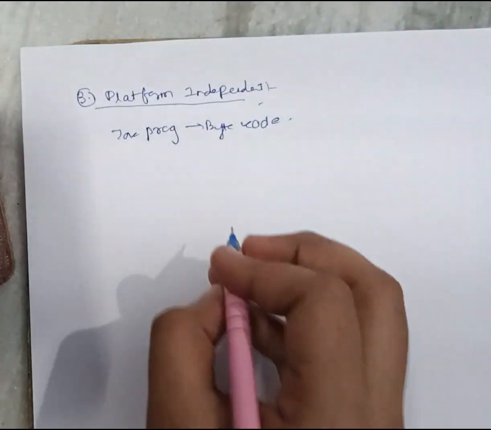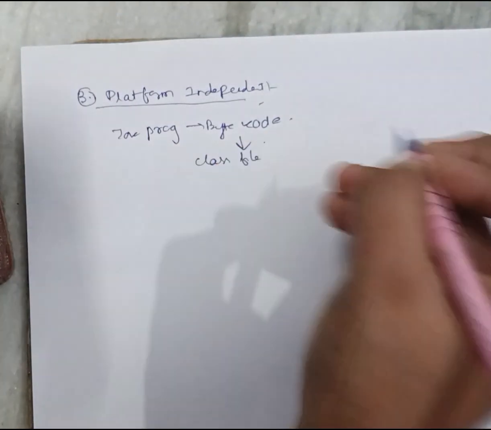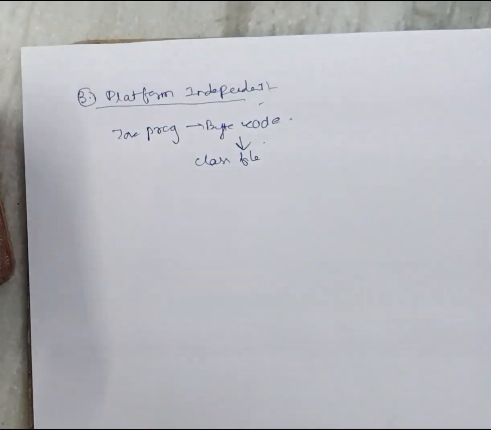Bytecode is nothing but a class file. Once we get this bytecode or class file, then we can execute this bytecode on any OS. It may be Windows OS or Linux OS, on anything we can execute.